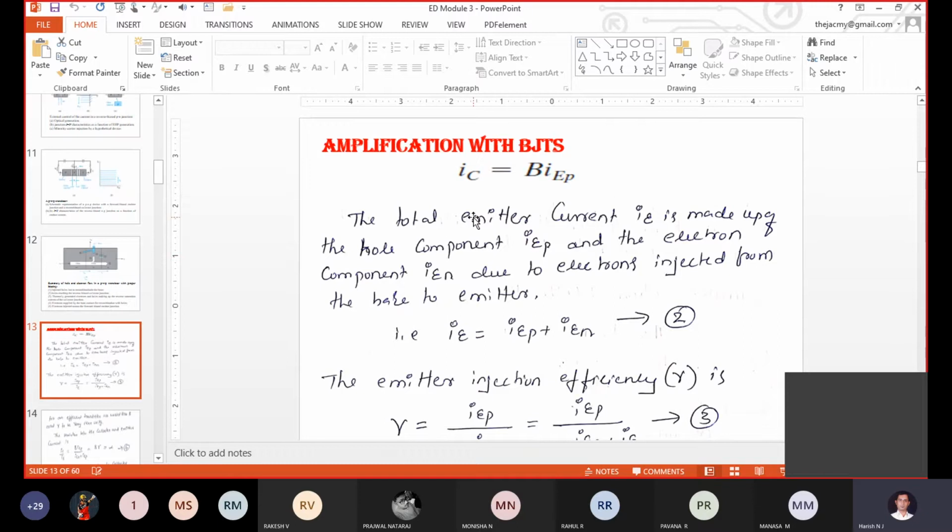So here we are going to make three assumptions, very important assumptions. The first one: while analyzing the transistor as an amplifier, neglect the secondary effects. Neglect the secondary effects means, some internal capacitance will come into the picture. Junction capacitance will come into the picture when you are using an AC signal as the supply input.